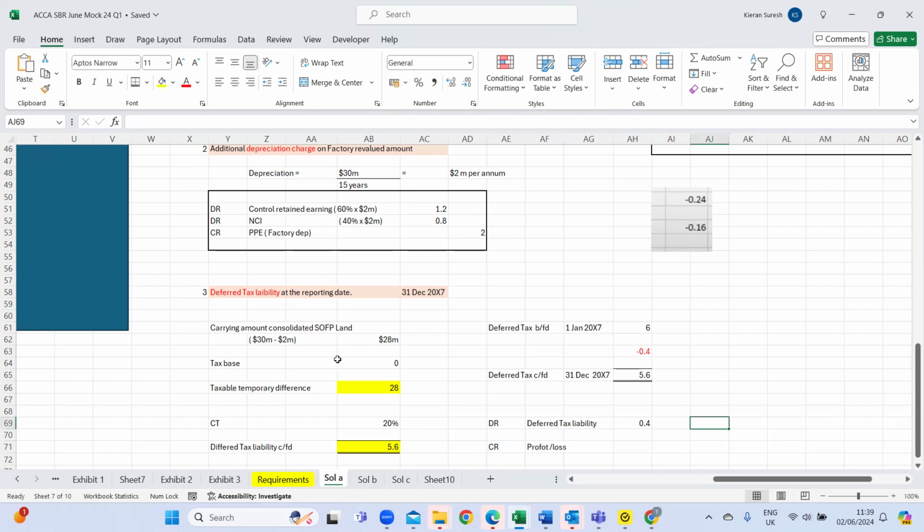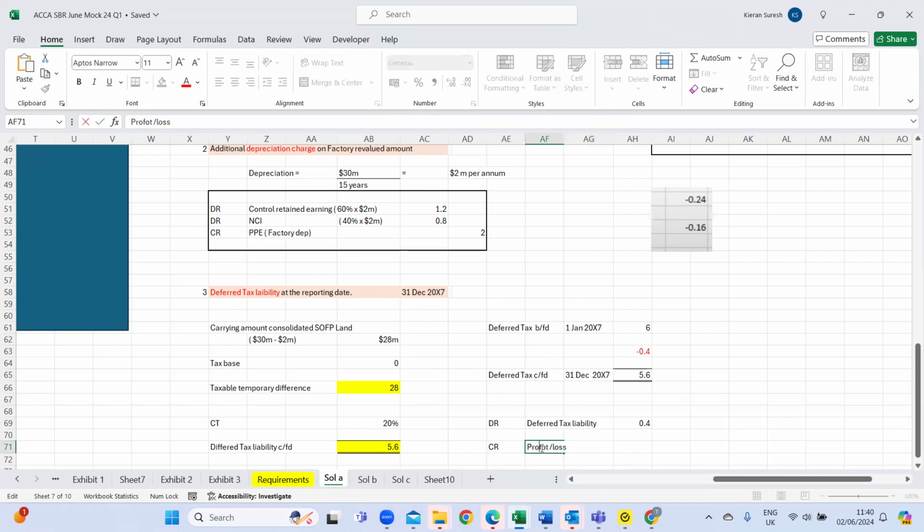But here we know this asset is related to the subsidiary. The fair value increase is related to the subsidiary, and therefore the deferred tax changes that are going to take place are also related to the subsidiary's profit. It would impact the subsidiary's profit and loss figures, so it is not good enough to give this credit only to the parent, but we need to give a share to the NCI as well.